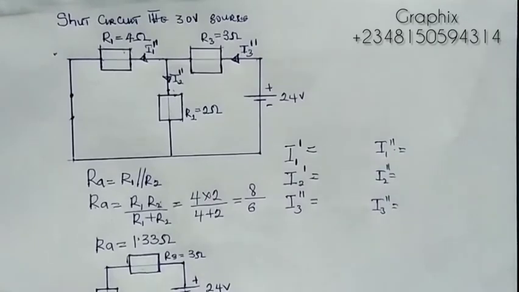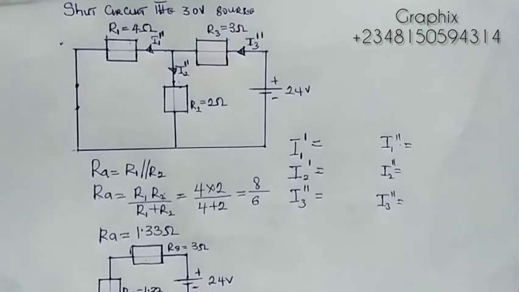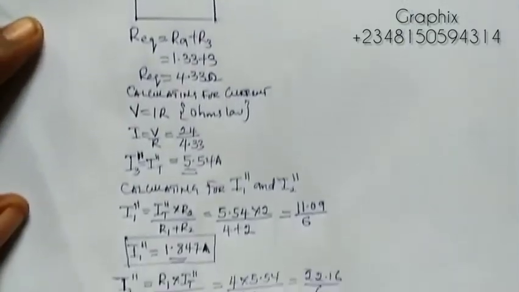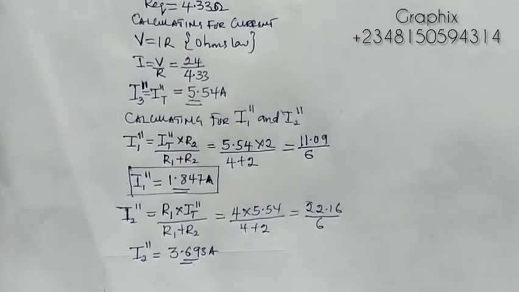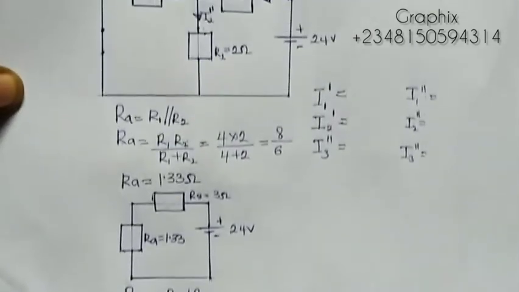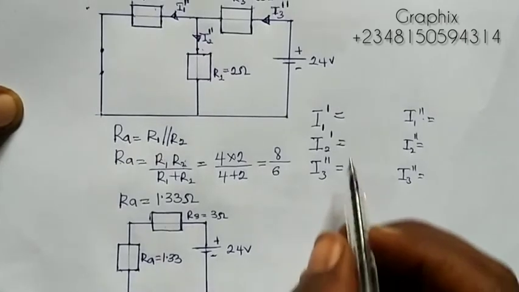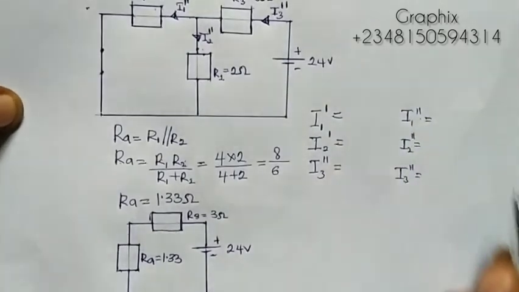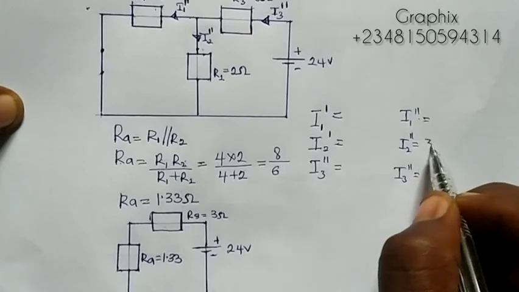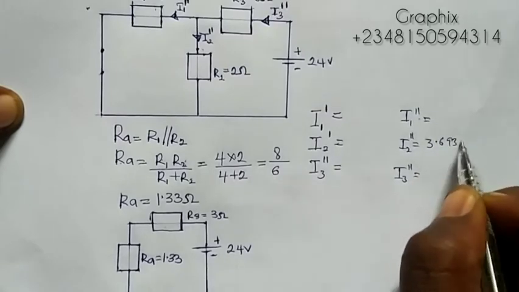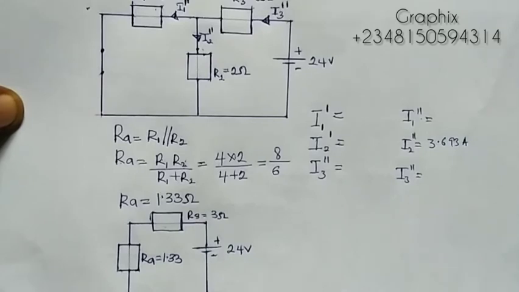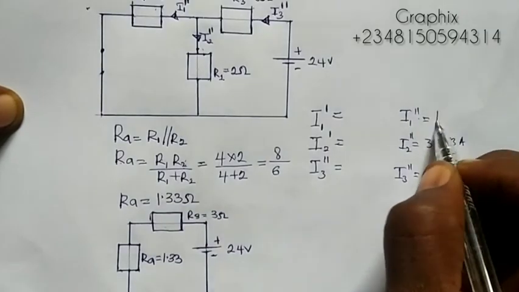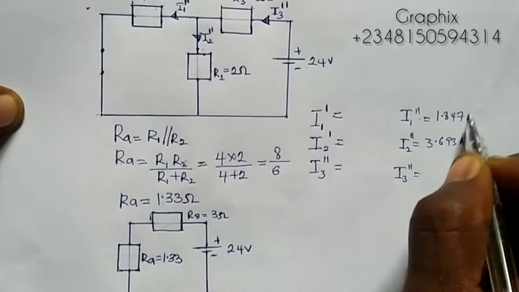So what is I2 prime prime? I2 prime prime is given as 3.693 amperes, so I'll fill it here. Then I1 prime prime is 1.847 amps.